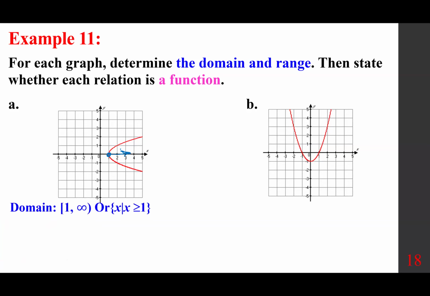That would be the domain. As far as the range is concerned, this portion covers all the y-axis above the x-axis, and this portion covers all of this, so all real numbers or negative to positive infinity. Is this a function? No, it fails the vertical line test. You see that? Therefore, no, it's not a function.